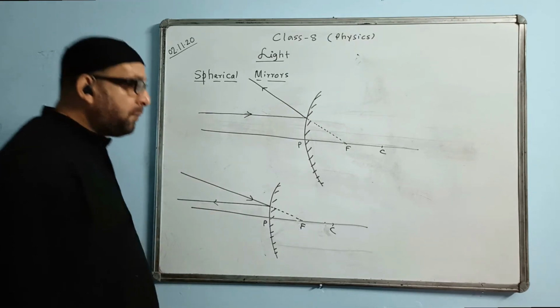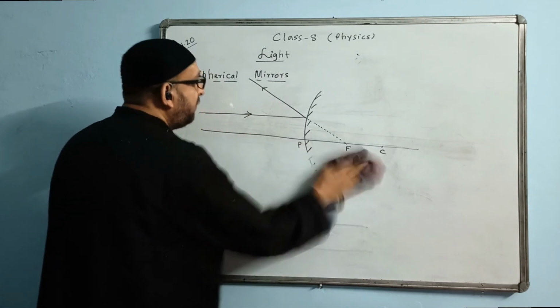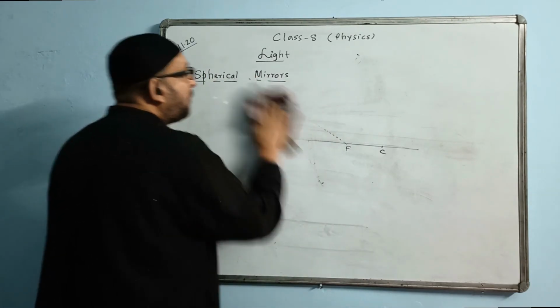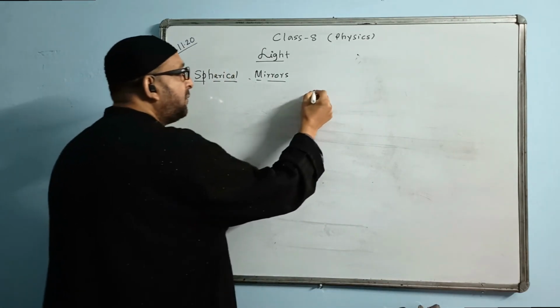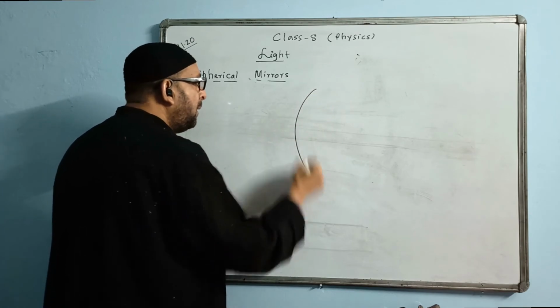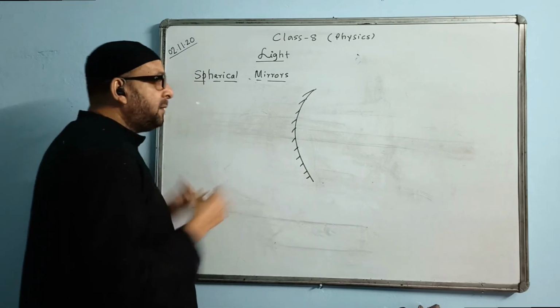Hope you understood the properties of the focus of both kinds of mirrors. Now, what is the property related to the center of curvature? Just now this mirror is a concave mirror.